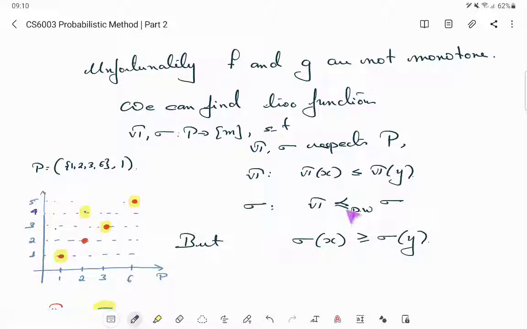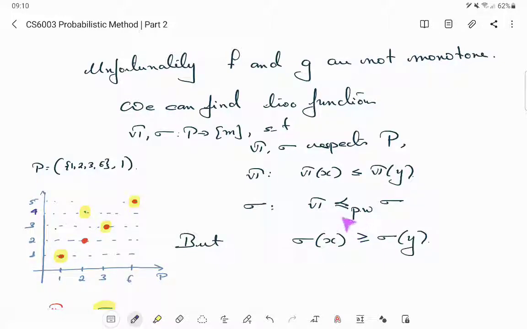Now you can see that sigma point-wise dominates pi. Sigma also respects p, because none of the relations originally in p are affected by this change. But you see that sigma does not obey this property that sigma of 2 is less than or equal to sigma of 3. So this is why the characteristic function is not an increasing function, right?